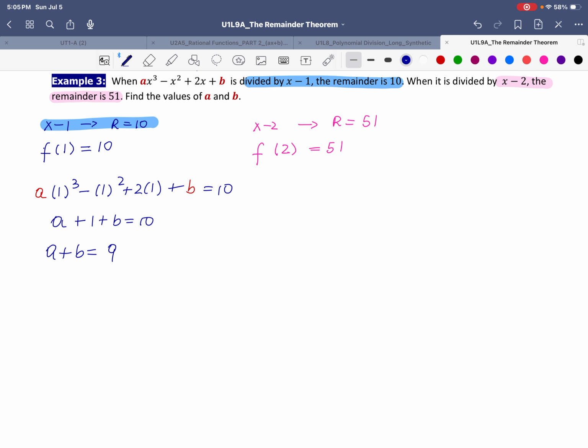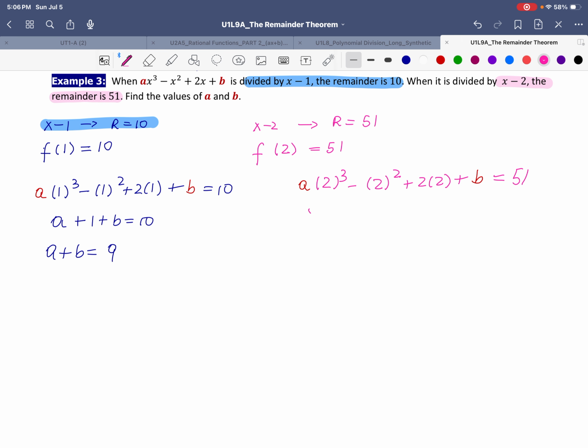In the same way, we are working with the next piece of information here. So we have a times 2 to the power of 3 minus 2 to the power of 2 plus 2 times 2 plus b, which should equal 51.